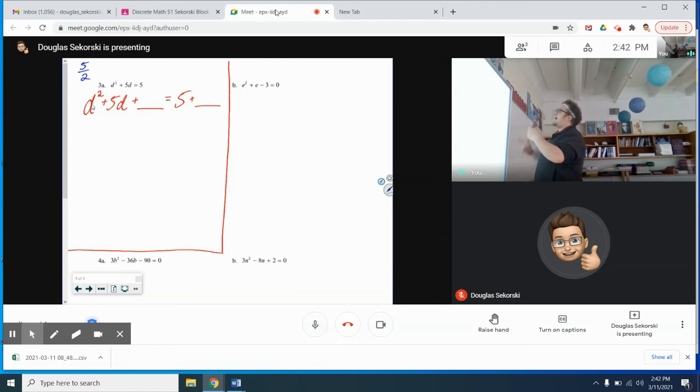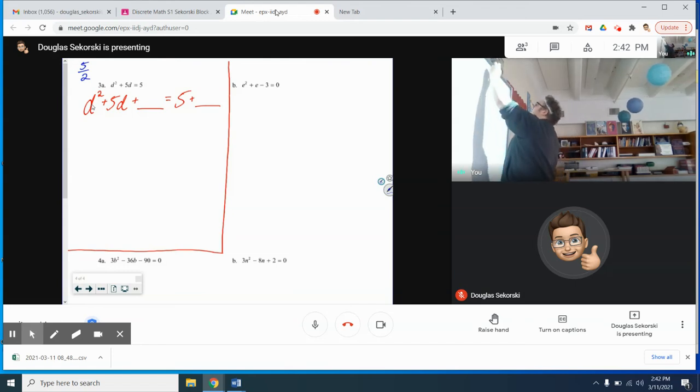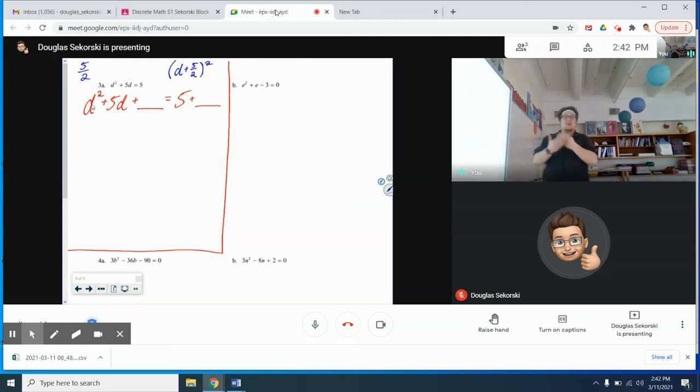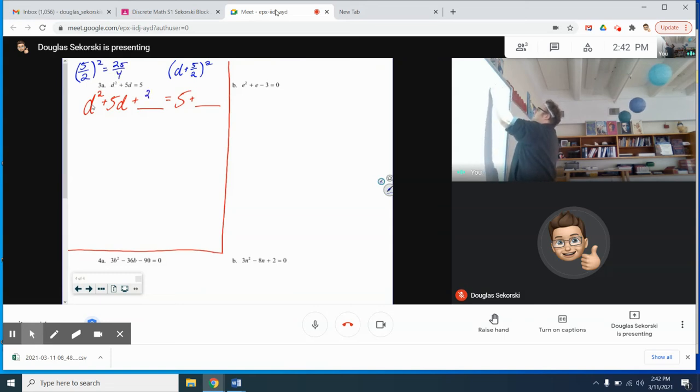But now we have to take 5 halves. And we need to keep the vision alive that d plus 5 halves squared is what we want to happen here. So in order to make that happen, we're going to have to square and get 25 over 4. And I'm going to put that in right here, 25 over 4 and 25 over 4. So realize that 5 halves plus 5 halves would give you 10 halves, which is 5.